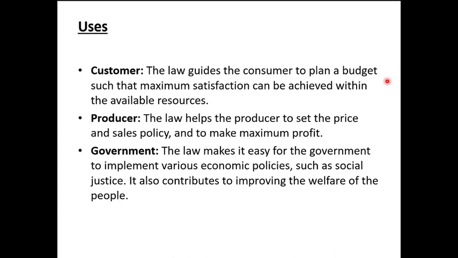Social justice means even the poor and the rich should get the same kind of satisfaction, bringing the weaker sections into the mainstream, making the rich and poor be in the same zone. Without leaving anybody out, they should get the best satisfaction. So these are the three important uses of the law of diminishing marginal utility.